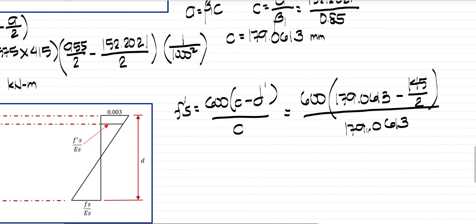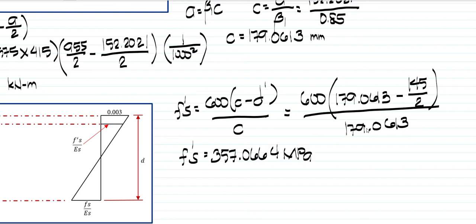Calculating this, we have f's equivalent to 357.0664 megapascals, which is lesser than the yield strength of our compression bar. Therefore our steel does not yield, and we have to use f's as the value for our next calculation.